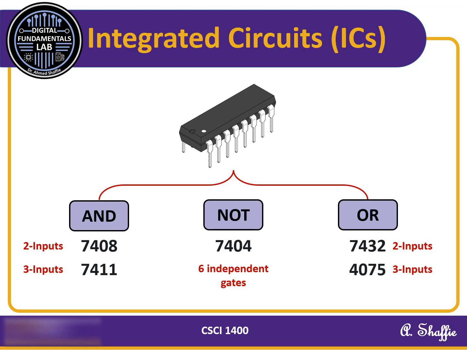On the other hand, the ICs starting with 40 belong to the CMOS family, which stands for complementary metal oxide semiconductor. By the way, our discussion for Module 2 will be about the different ICs and the digital logic family. Now let's move and have a closer look at the AND gate 7408.